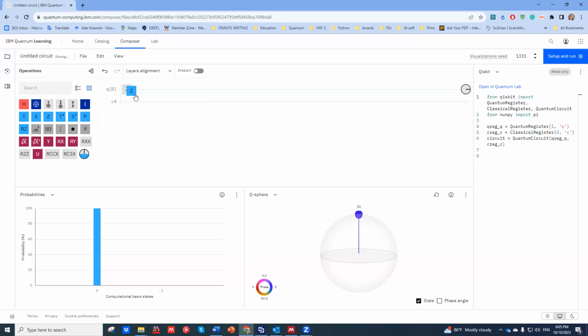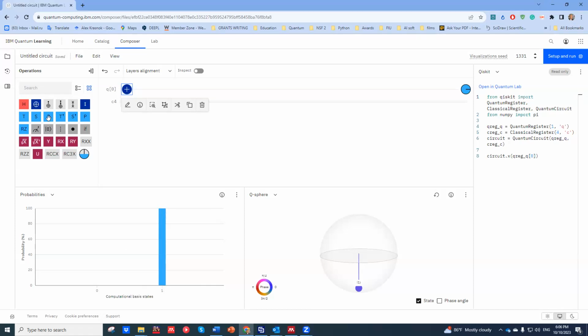It was 0, it stays 0. But what if I combine the two? So I apply the gate X to flip my state from 0 to 1.